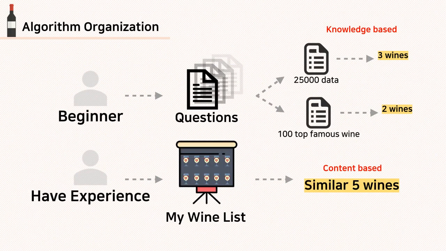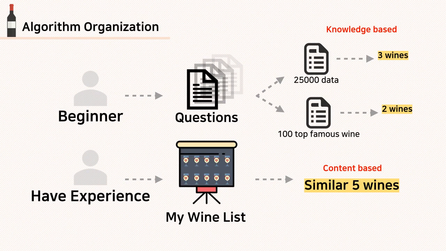To summarize, for the beginner, we ask questions about price and flavor, which are quite familiar to beginners, for knowledge-based, and recommend 3 based on the 25,000 data and 2 wines from top famous wine data.